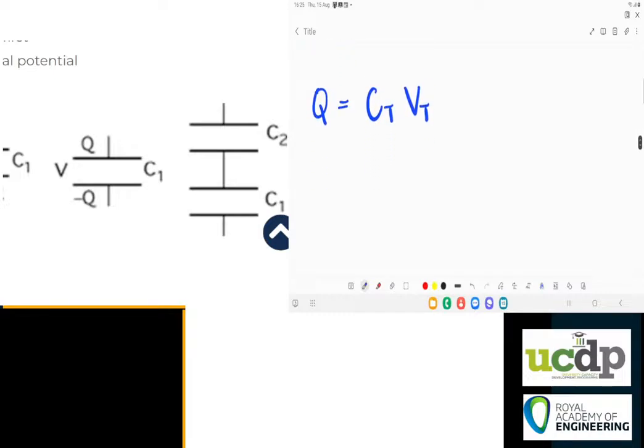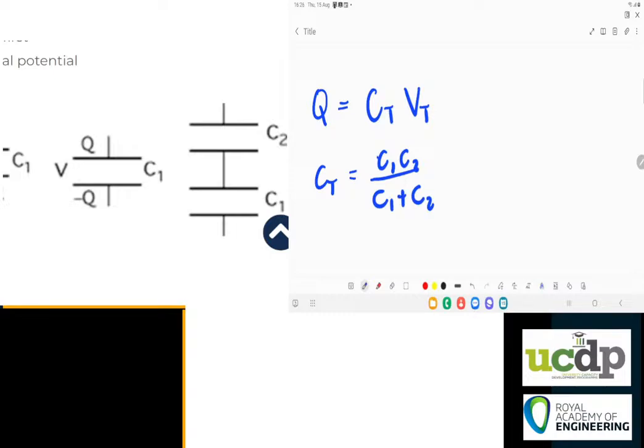So we're looking at the charge in the system after giving the capacitor C1 a charge Q. This will still be the charge that will be in the system after we connect capacitor C2. We have agreed on this, right? And this total charge will be equal to the total capacitance multiplied by the total voltage. So what is the total capacitance for capacitors that are in series? It is product over sum, C1 C2 over C1 plus C2, right?